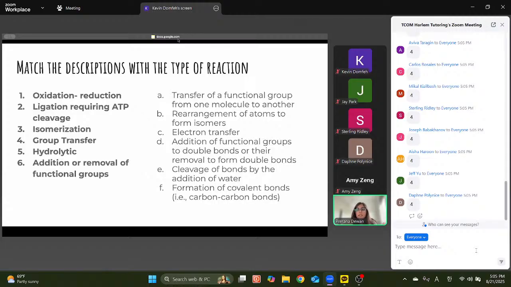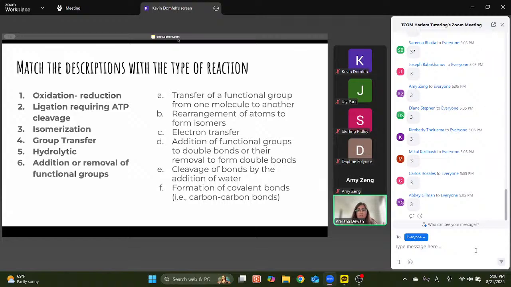So the next one is rearrangement of atoms to form isomers. Perfect. Yep, you guys got that one. That one is isomerization. Again, another example of isomerization would be like glucose 6-phosphate being transferred to fructose 6-phosphate. Those are isomers of each other.